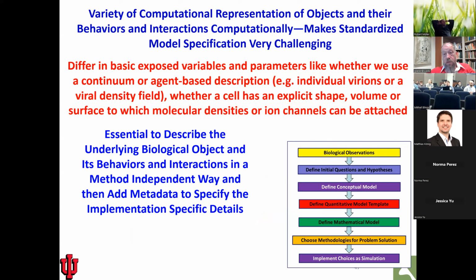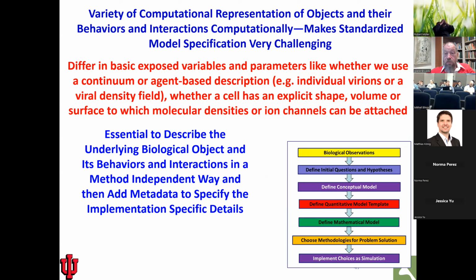We even have broader level questions. Are we going to treat a tissue as a continuum where we have a field, which is a density of cells, or do we identify individual cell agents? Well, if we're talking about a multi-cell model, our cells are probably going to be agent-like. But what about a virus?